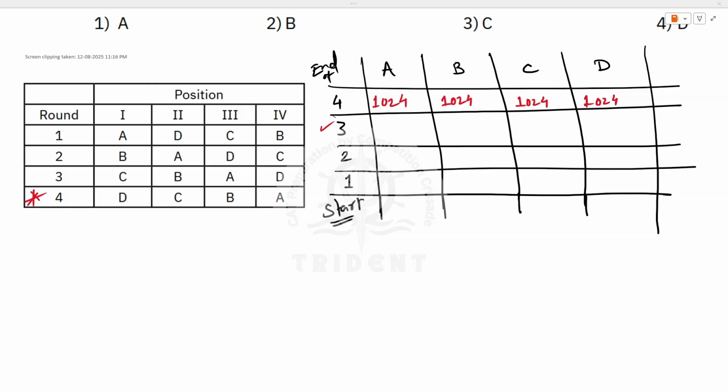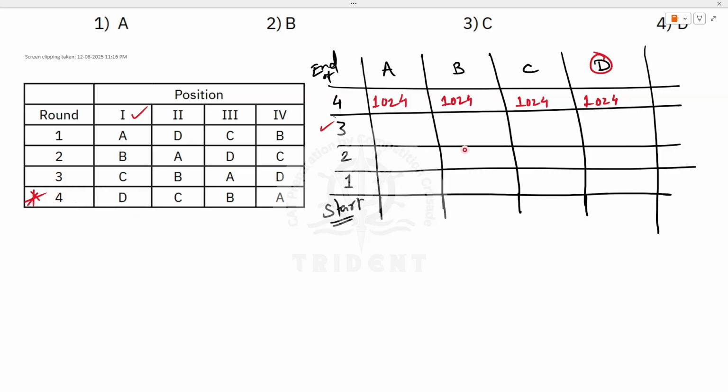So at the end of the 3rd round, D is ranked 1. This is D over there. So if D is ranked 1 at the end of round 3, whatever amount of money he has over there, that must have multiplied by 4 times, and that would have gotten him the 1024, because D is the first person.